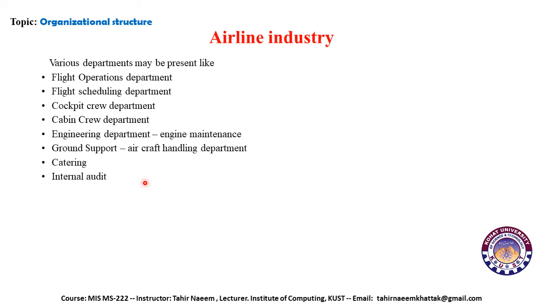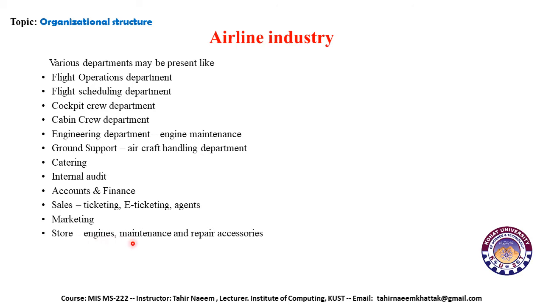Internal audit tracks records of all the expenses incurred, while accounting and finance maintains the salaries and other financially related matters. Sales: ticketing and e-ticketing agents are dealt with in the sales department, while the marketing department promotes the airline.